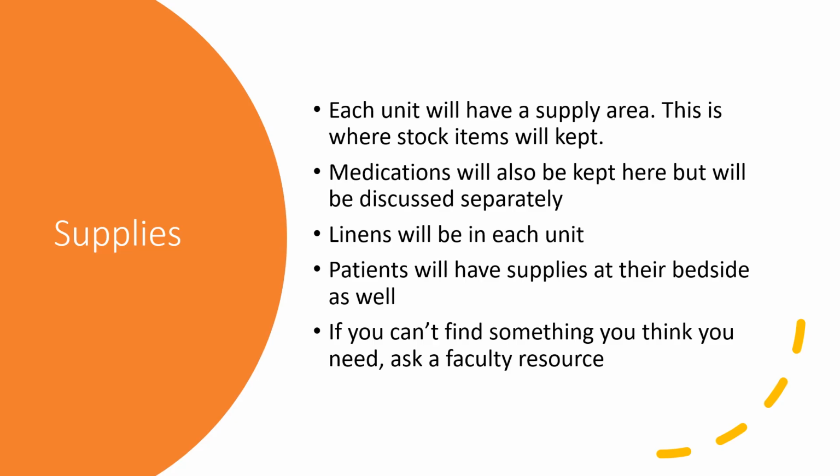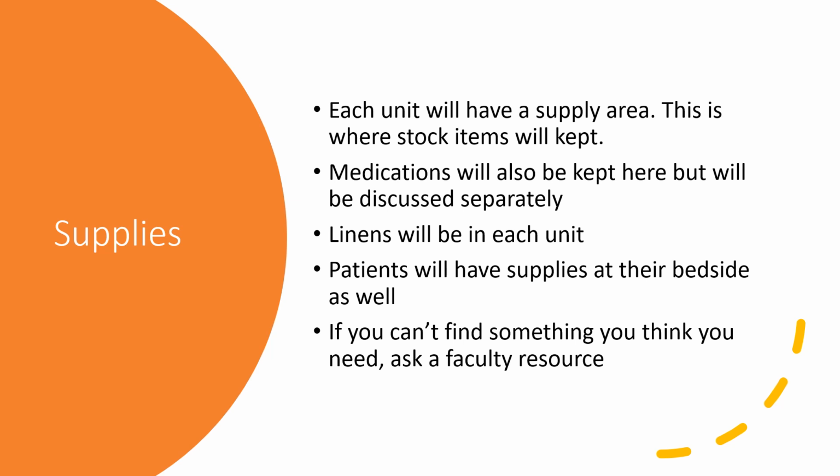Once you are in simulation, you will have an area that you're assigned to, and your supplies and equipment will be in those areas. Each unit will have a supply area and a medication area. We will discuss medication separately. There will be some extra linens. Patients may have some supplies at their bedside if you cannot find them.